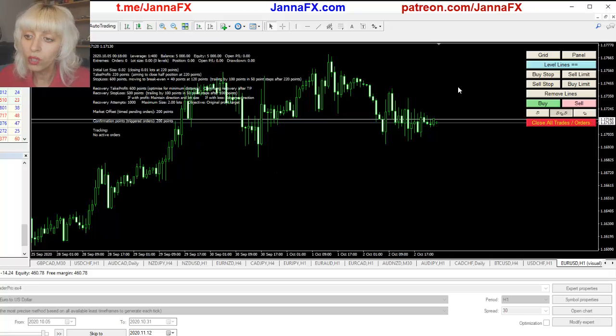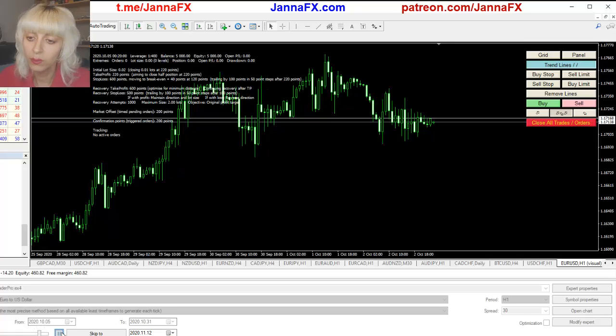All you have to do is go to this panel, and you have two types of lines here: level lines and trend lines. Because it's a backtest, I need a few movements to show it to you. Right now I want to use trend lines because it's not a horizontal channel.